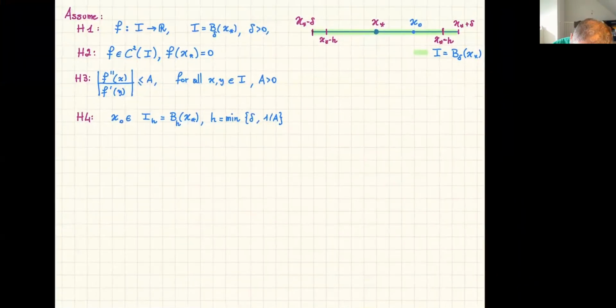Okay, let me even change color for this new interval. So I've got I, that's I sub h, which is B sub h of x star.